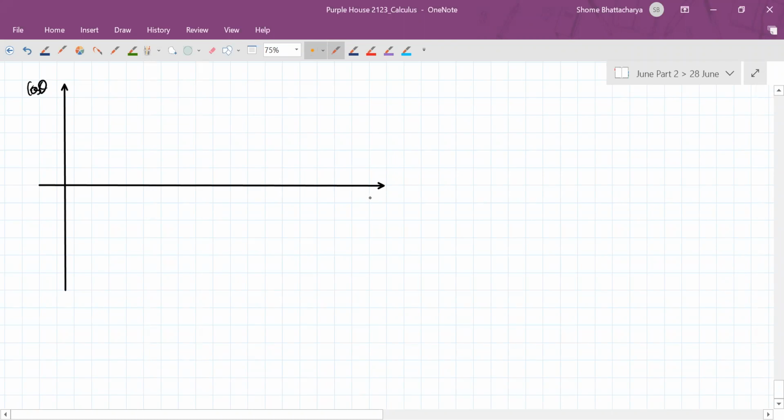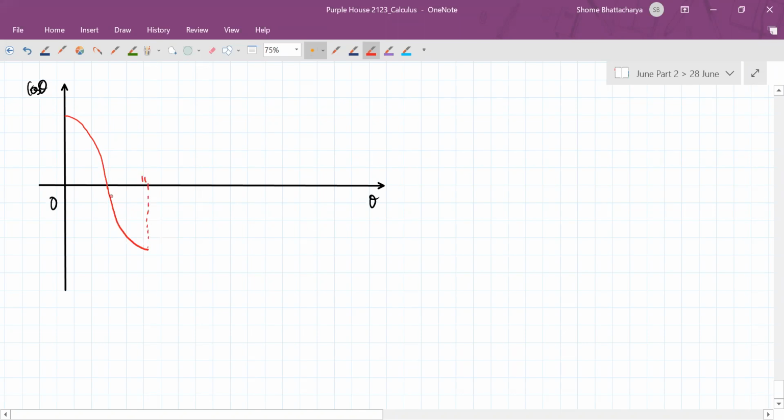We plot cos theta versus theta. Now just visualize our vector rotating from 0 to 90, then 180 like this. So you'll realize that cos theta is the component on the x-axis. So it first decreased from 1 to 0. Then as we went through the second quadrant up to 180 degrees, it became -1.